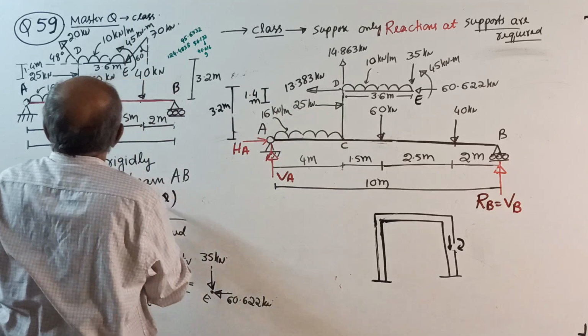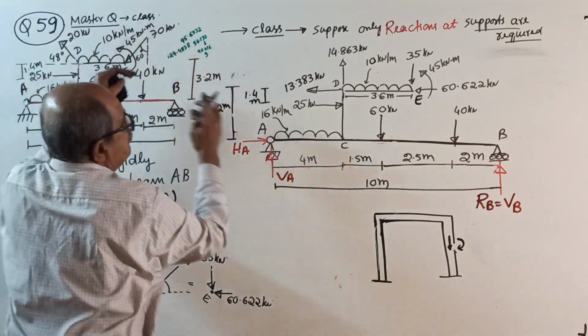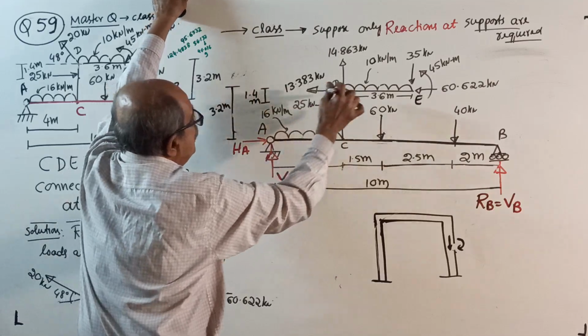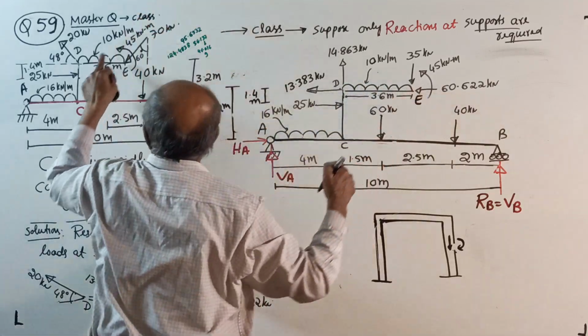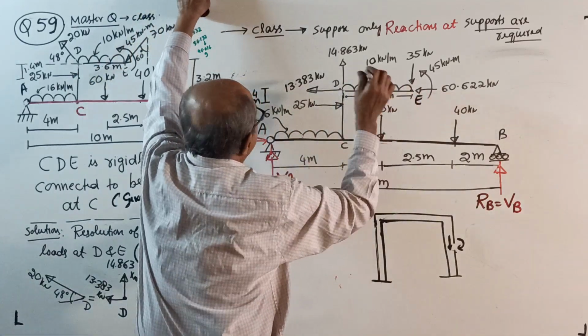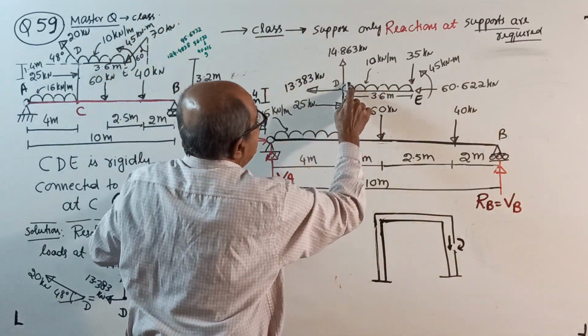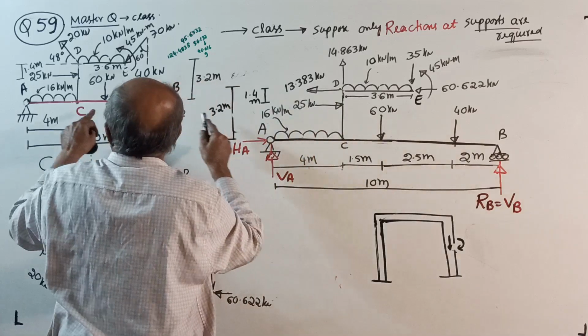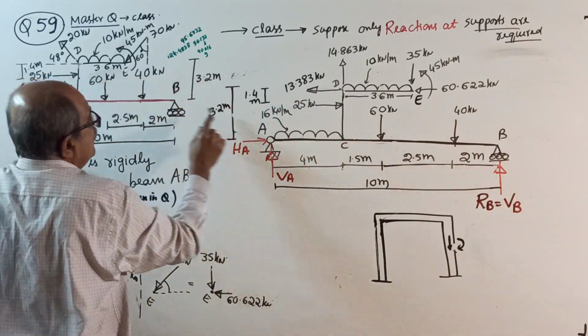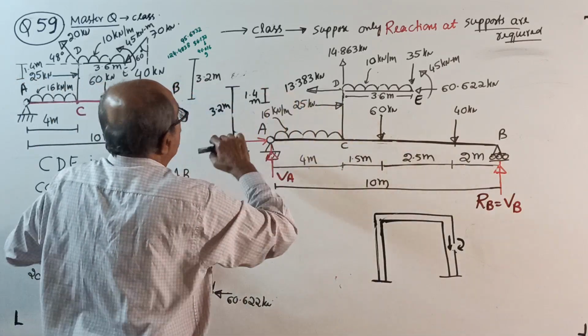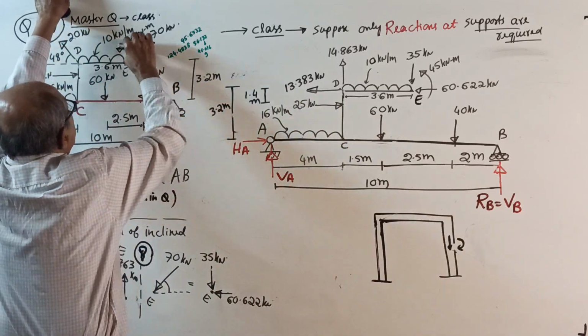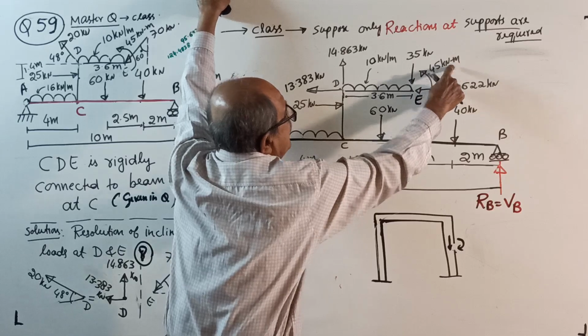Now, from C, it goes vertically up by 3.2. Then to the right side, it goes by 3.6. Then a UDL of 10 kN per meter. A 125 kN load acting here at 1.4. And an anti-clockwise couple of 45 kN meter here.